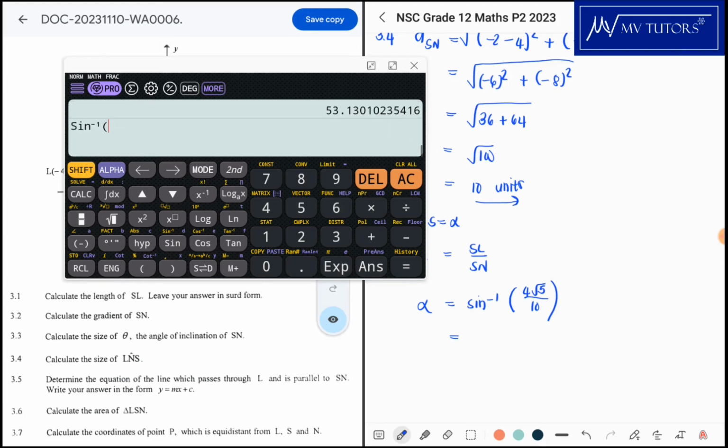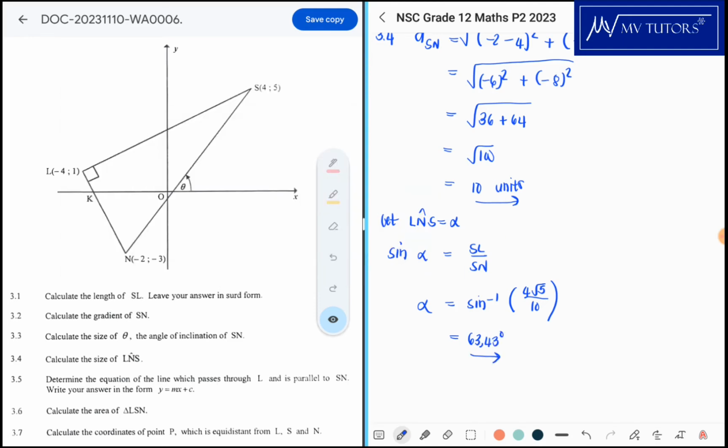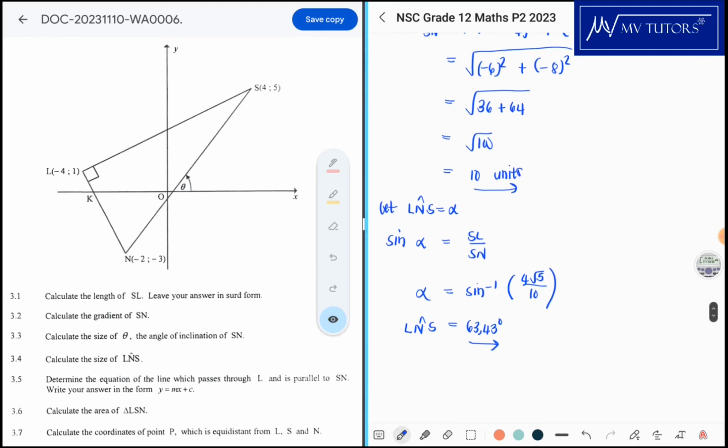Shift sine, and then we have 4√5 all over 10, and that answer is 63.43 degrees. And that is your answer. You can say that is actually angle LNS. We can also just put it there for ourselves, 63.43, just in case they want it somewhere. So that was 3.4.